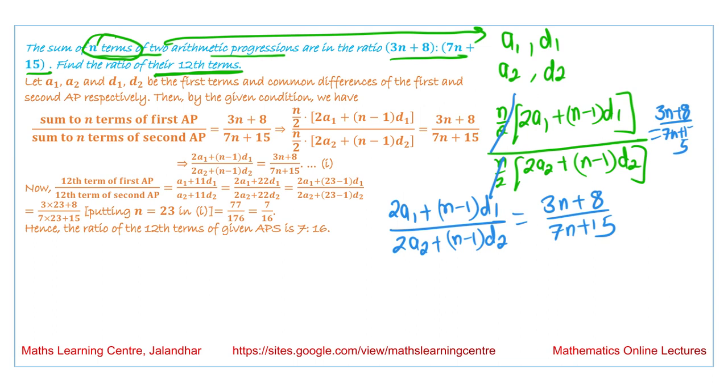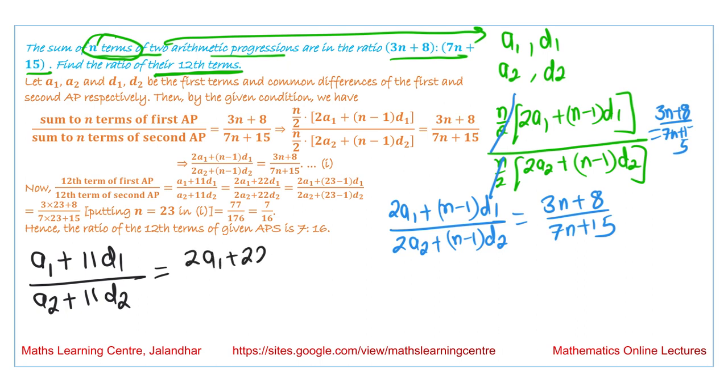Now what we have to calculate is the 12th term of the first AP, which will be a1 plus 11 d1, and the 12th term of the second AP, which is a2 plus 11 d2. We have to calculate this ratio. So we can write this as 2a1 plus 22 d1 divided by 2a2 plus 22 d2.